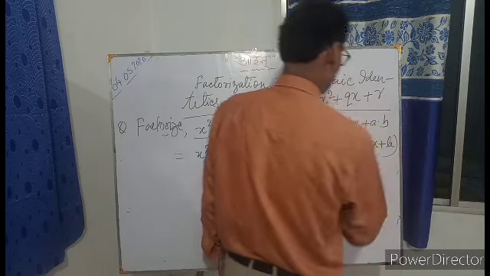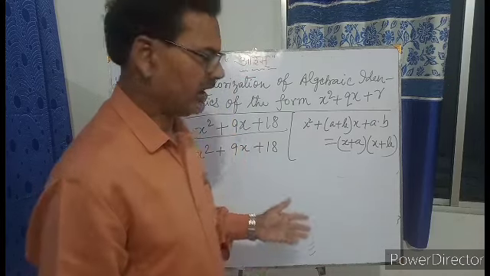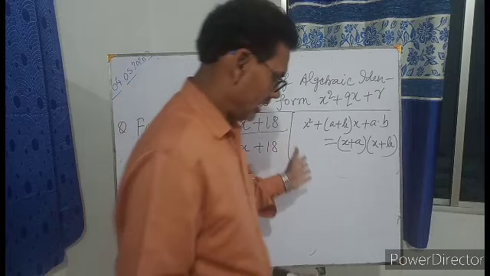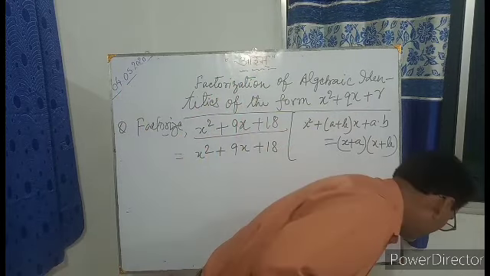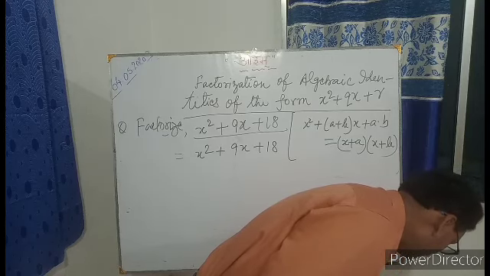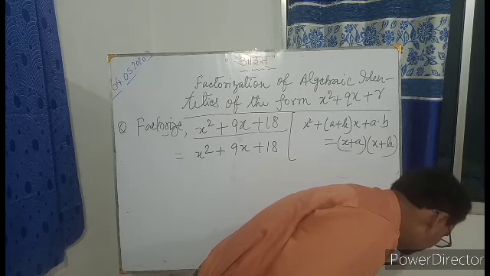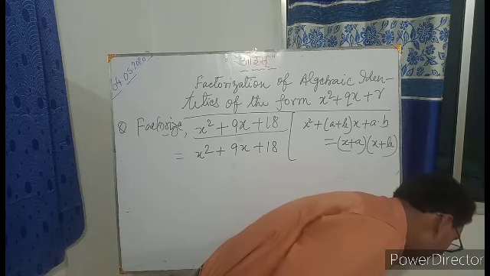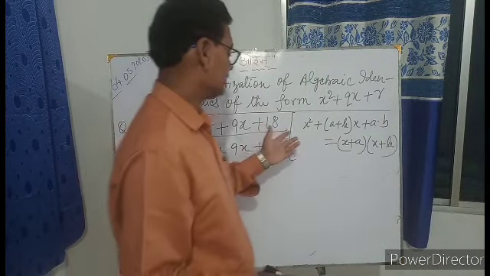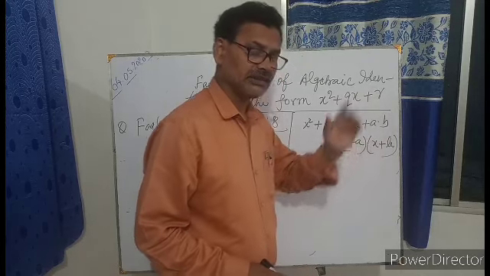You must be remembering. We had studied this to be identity 4. Perhaps identity number 4 was this. Whatever the identity number may be, the identity was this only: x square plus (a plus b) x plus ab is equal to (x plus a) into (x plus b).